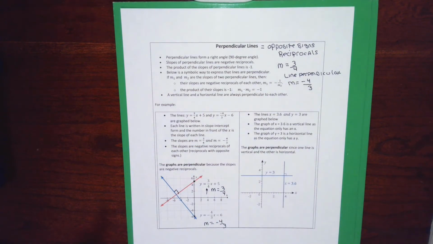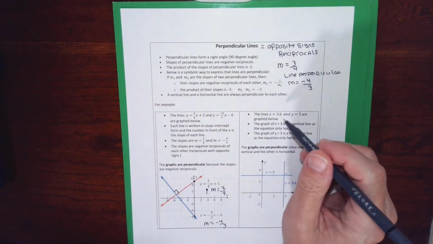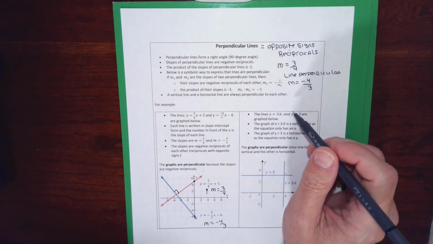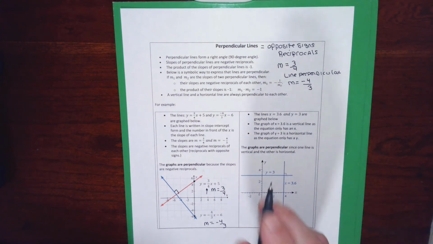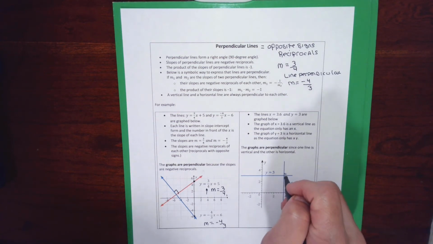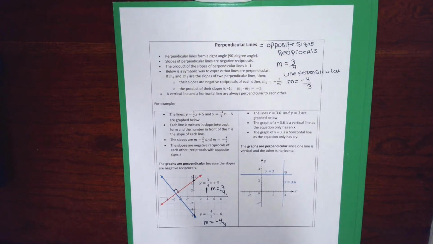In the world of vertical and horizontal lines, because of the undefinedness of the slope, you don't get the sign issue here. Graphs that have vertical and horizontal lines are perpendicular to each other. Those slopes really aren't negative reciprocals.